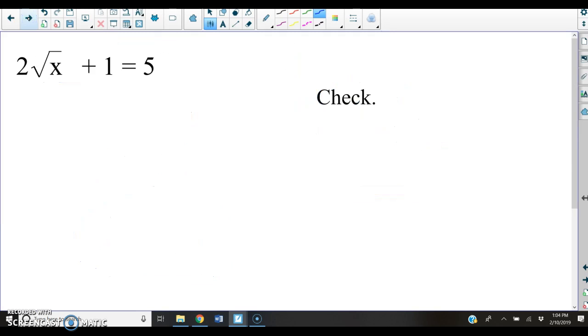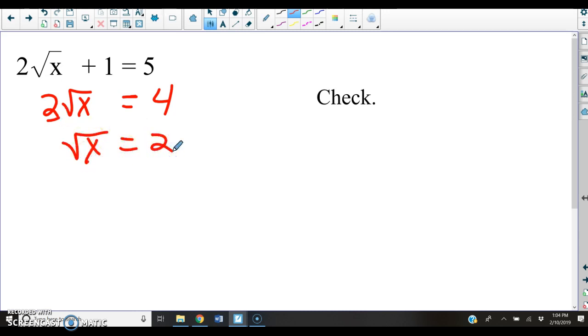There's more examples. Remember that's step 1, isolate the radical. Well, I need to get rid of the 1. And now I need to consider, should I get rid of the coefficient 2 or not? I'm going to get rid of it this time because 2 easily divides into 4. But sometimes I might not.